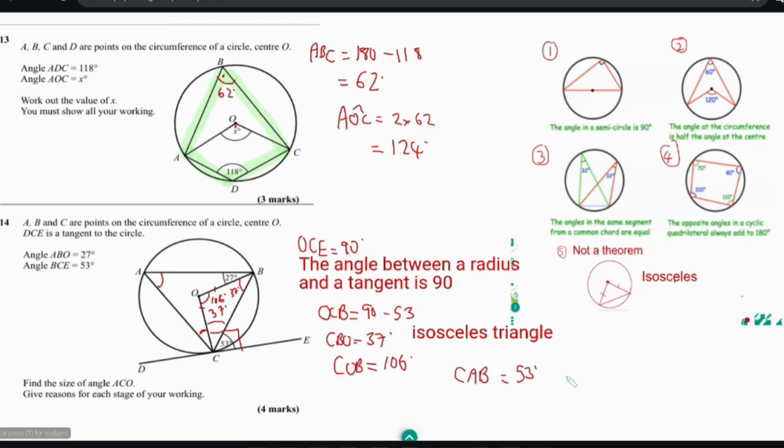And then my reason is angle at the circumference is half the angle at the centre.